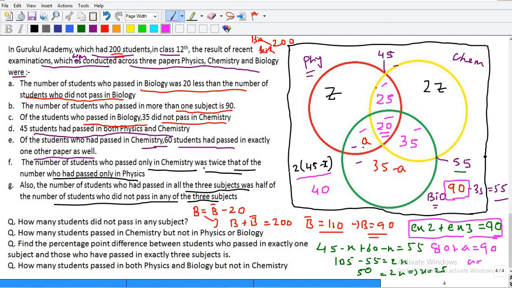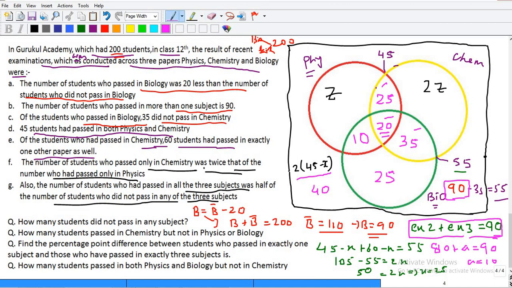So the value of a is 10. I'll remove this a and write here 10. So if this is 10, then 35 minus a will become 25.